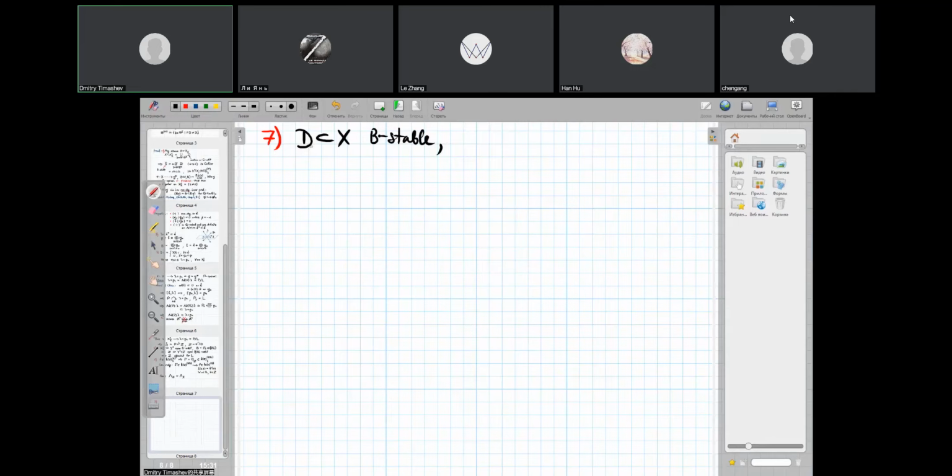So if we take a B-stable prime divisor in X, then it intersects the open B chart if and only if it does not contain the orbit Y, the closed orbit Y, because the open B chart is obtained exactly by removing all B-stable prime divisors which do not contain Y. So if the divisor intersects the open B chart, it is not removed, it contains Y. This is this equivalence.